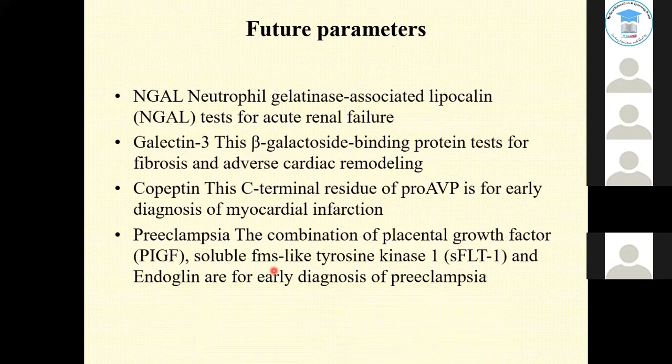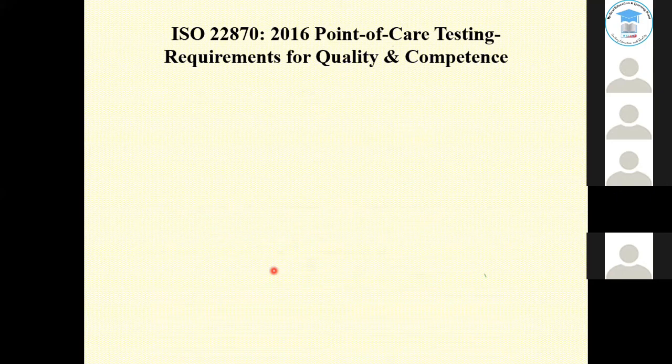So these are all newer technologies which are about to be launched into the market through POC.